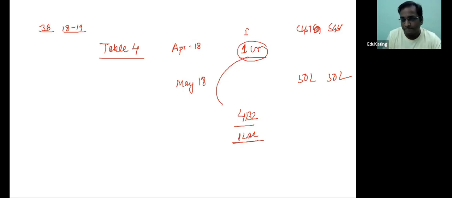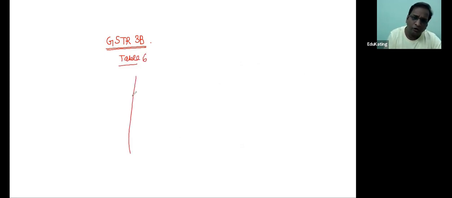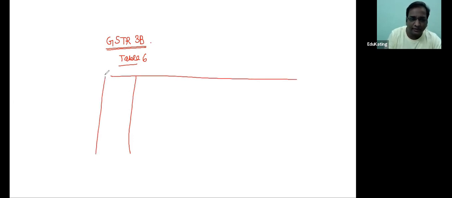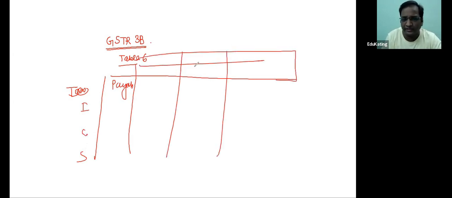The problem is, if you see the GSTR 3B, table 6, I hope you all are able to recall table 6, the tax payable: IGST, CGST, SGST, and the input tax credit which you are offsetting, correct?